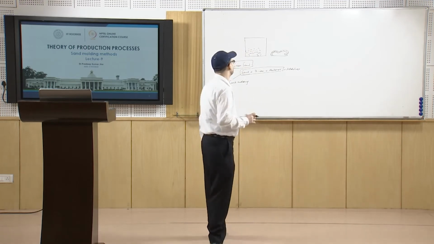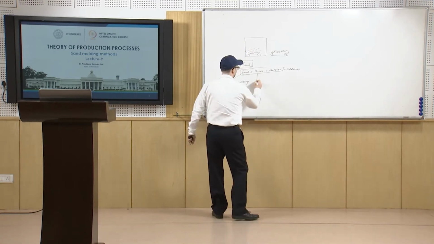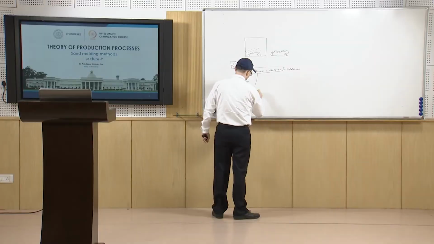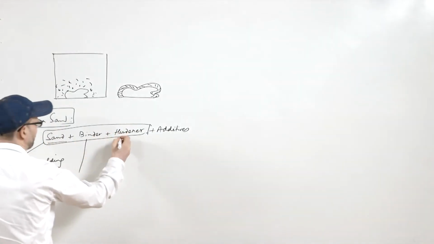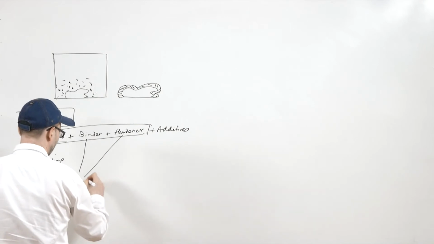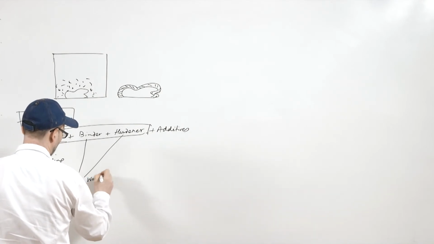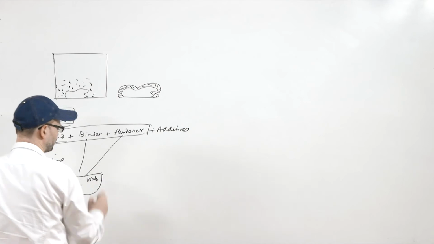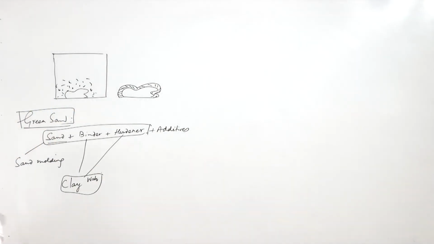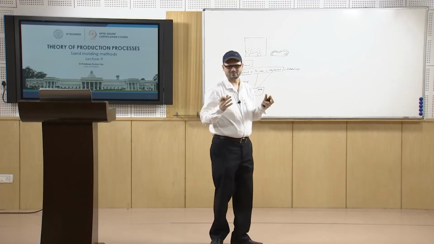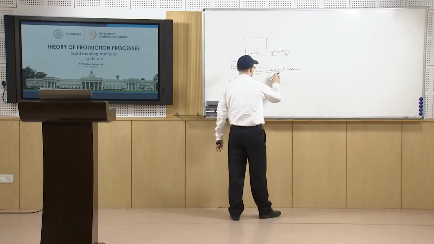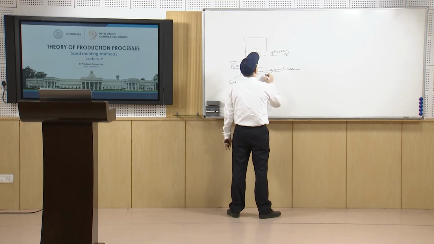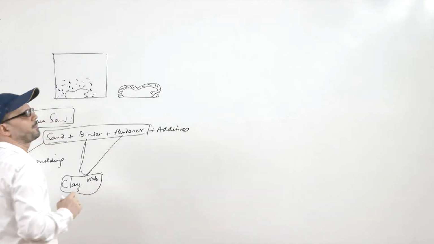Here the binder is clay, and the hardener is basically water. Slowly the water will be driven off and then the strength will develop. That is how binder plus hardener works; both are working as binder plus hardener.